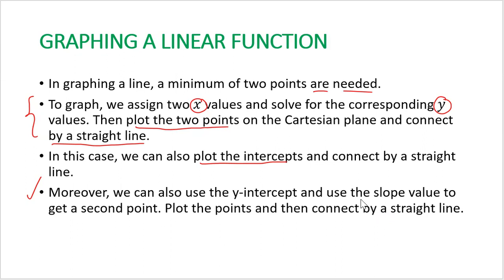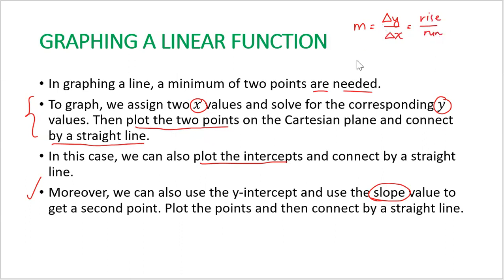Now, to explain in more detail the slope of a linear function, remember the slope is denoted by m, and the slope measures the steepness of a line. The steepness of a line is measured using the formula, the change in the y values over the change in the x values. And this is popularly known as the rise over run.